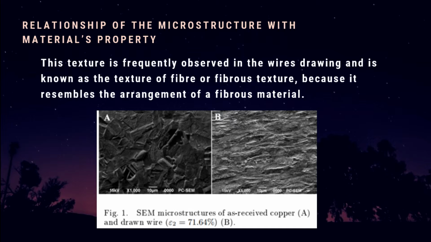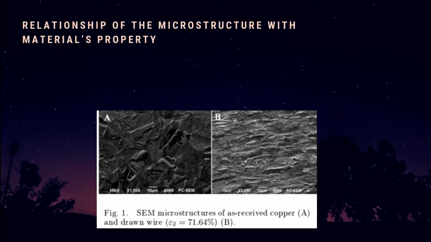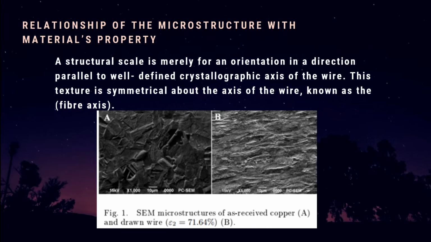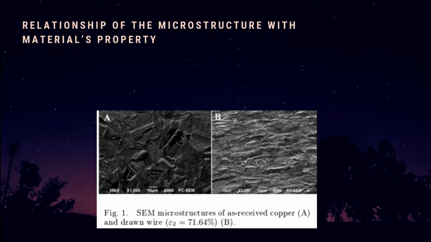This texture is frequently observed in wire drawing and is known as the fiber texture or fibrous texture because it resembles the arrangement of a fibrous material. A structural scale is merely for an orientation in the direction parallel to a well-defined crystallographic axis of the wire. This texture is symmetrical about the axis of the wire, known as the fiber axis.